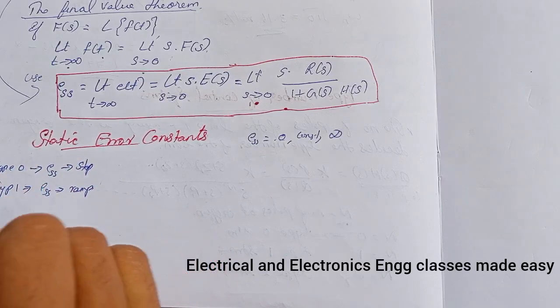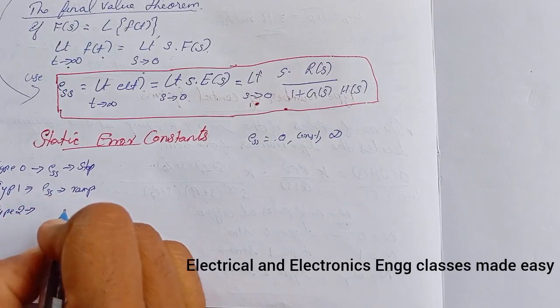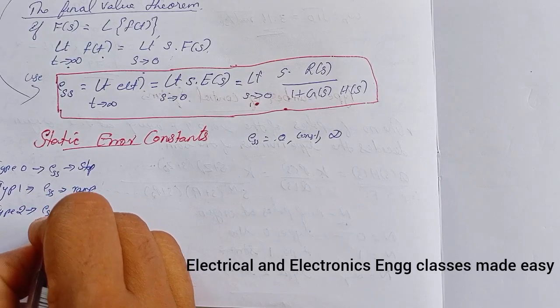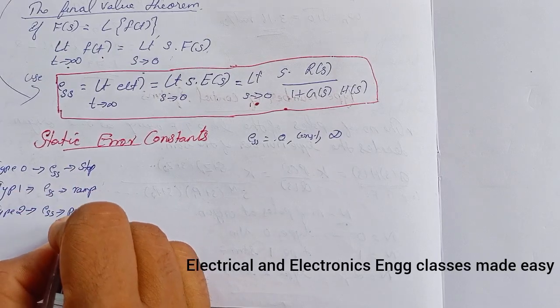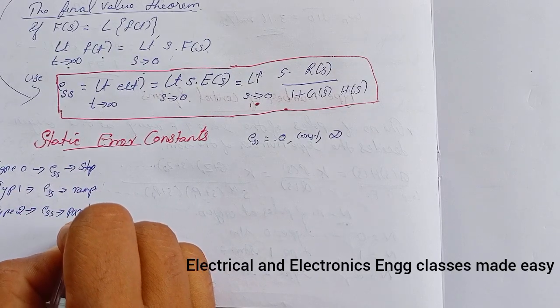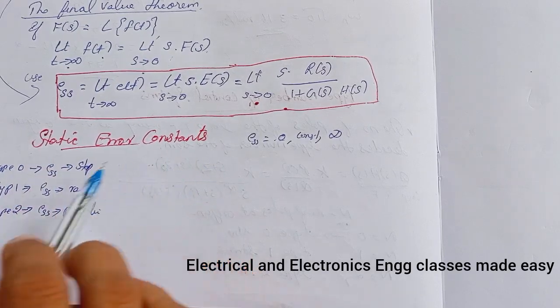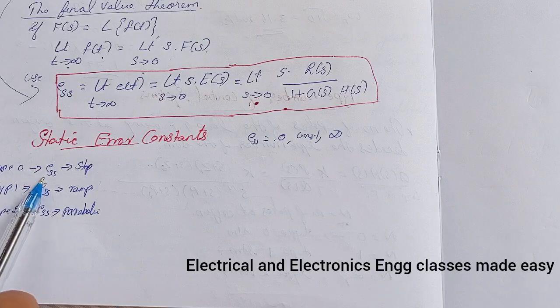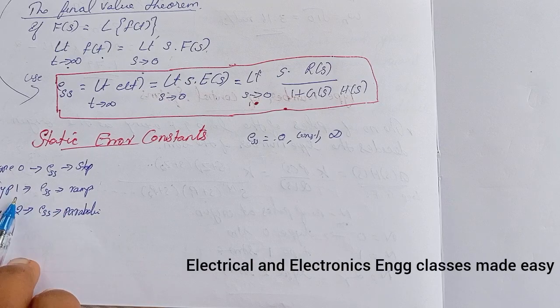And a type 2 system will have a constant steady state error when the input is parabolic signal or acceleration signal. And for the three cases, the steady state error is associated with some constants.